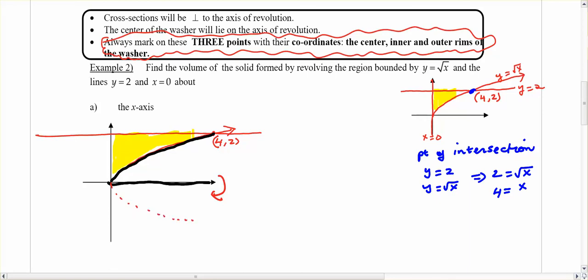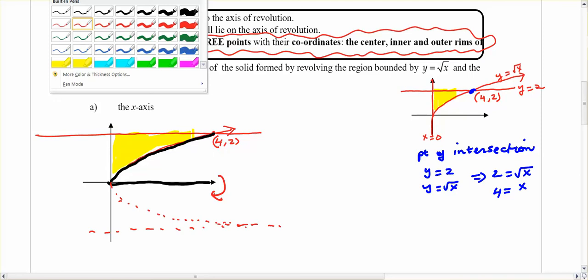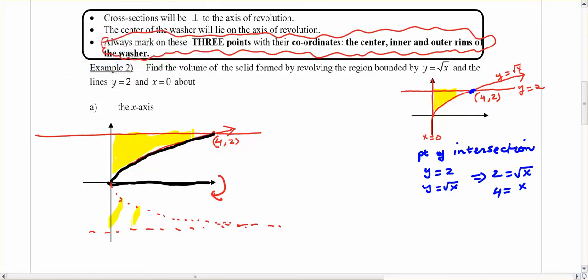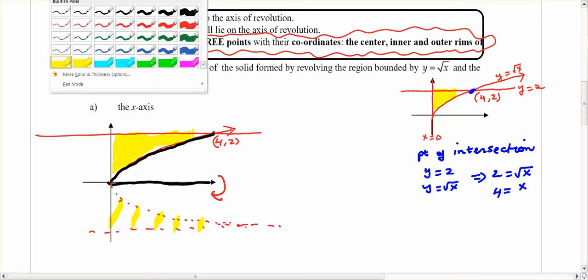We do the reflection of my region in the axis of rotation, and when we do the curves, it's a good strategy to do them as dotted lines. Okay, and so this is going to be my reflected region.